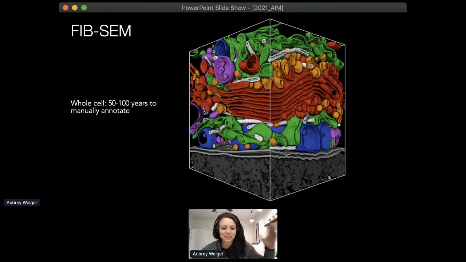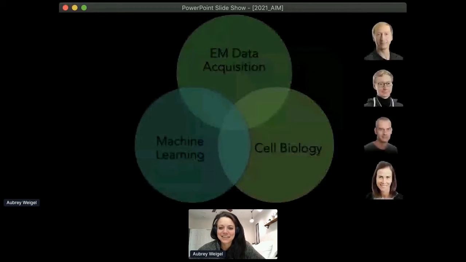Now, if we extrapolate that to the entire volume of the cell, it would take a single person 50 to 100 years to segment all of these structures. So obviously impossible. And so enter COSEM. Within Janelia are some of the world's leading experts in machine learning and cell biology and large volume, high resolution EM data acquisition.